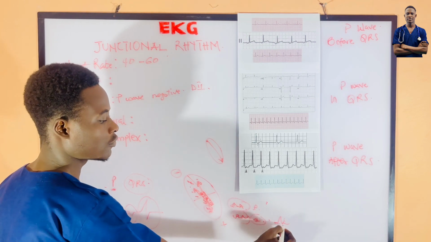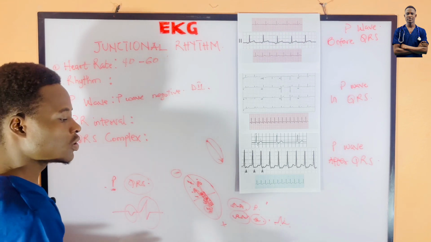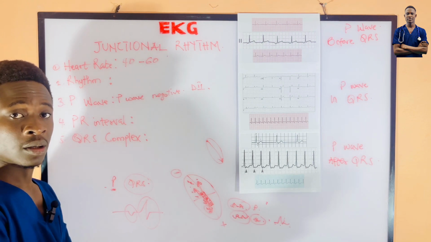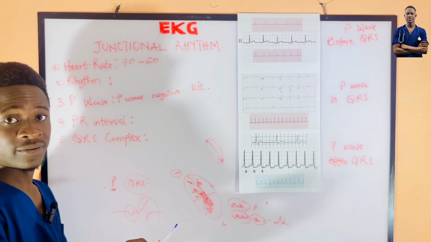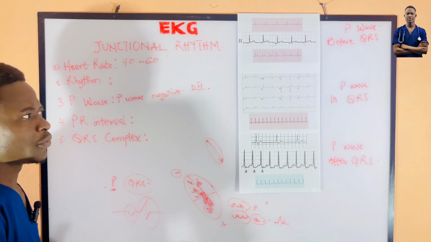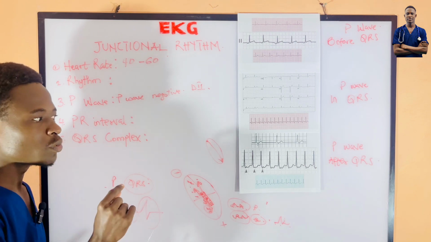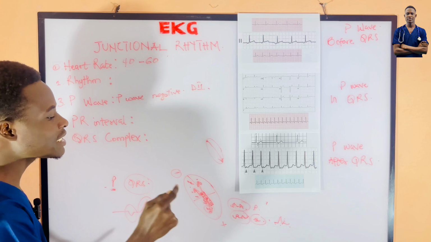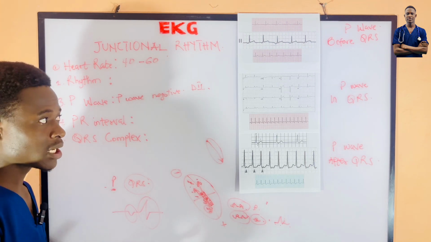The ventricular wave, because it is very high compared to the P, is going to hide the P wave from expressing its electrical activity. And because of that, we won't be seeing a P wave. A P wave will be hiding inside the QRS complex. Are we clear with it?